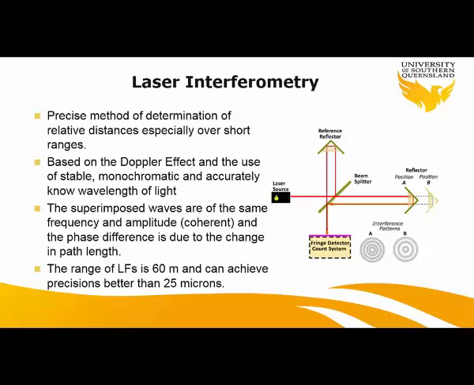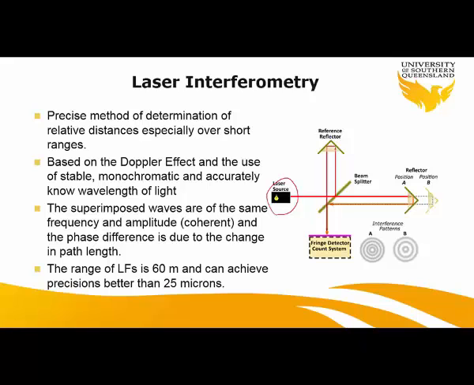How it works is pretty much what you've learned in satellite geodesy about the laser. Do you remember we had the InSAR technique, which worked based on interferometry? It's pretty much the same, a little bit different. So we have a laser source here. From the image you can see we have a laser beam, and a beam splitter which splits the laser into two different beams, and then one goes to the reference reflector, which is fixed and not moving.